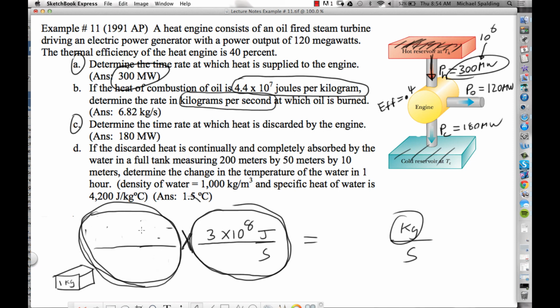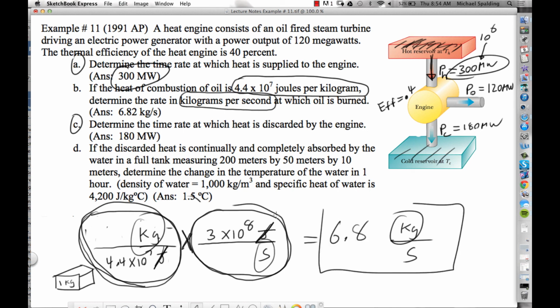Put kilogram up top, 4.4 times 10 to the 7 joules on the bottom. If we multiply these two values together, what cancels? The joules cancel, and notice what we're left with: kilogram per second. 6.8 kilogram per second.